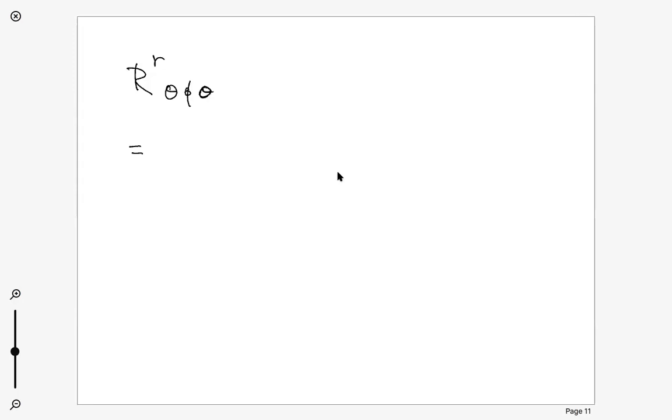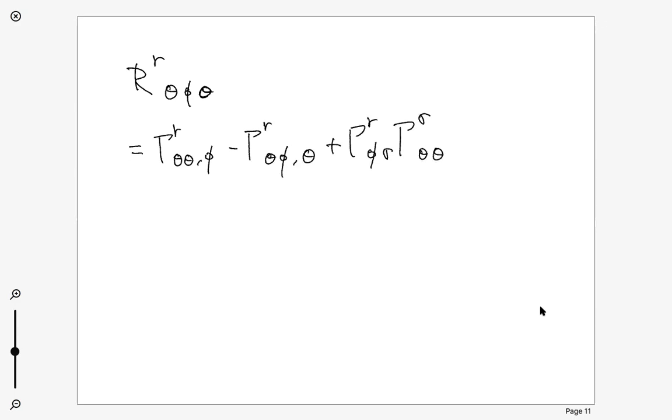As Yato said, we can make use of the Christoffel symbols, right? We recall the formula. If I'm not mistaken, we should be able to get something like this: the derivative of gamma with phi theta, plus gamma phi sigma times gamma sigma theta theta, minus the derivative of gamma theta lambda, times gamma lambda phi theta.